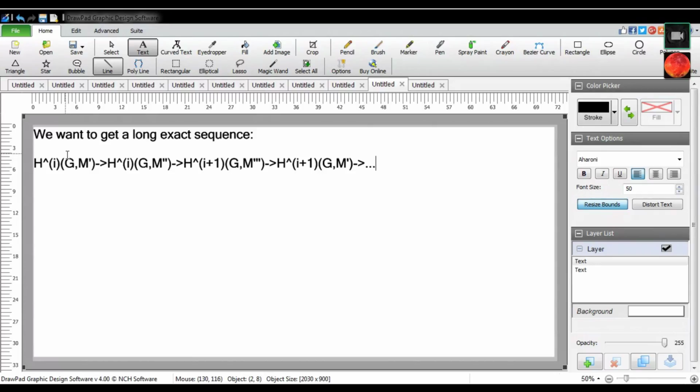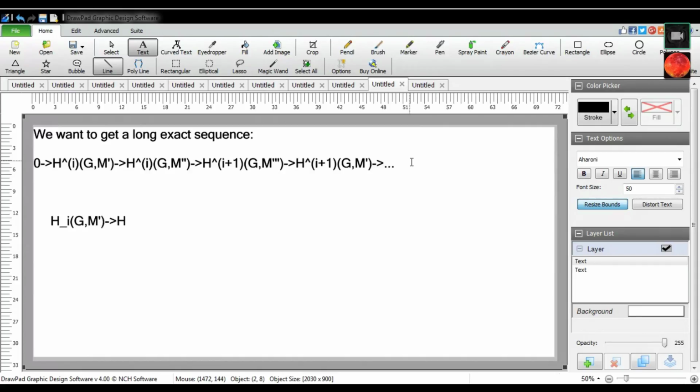This is actually a sequence which we get from cohomology. And we have another sequence, which is also a standard sequence, the one from homology. I'm going to write this one down also.